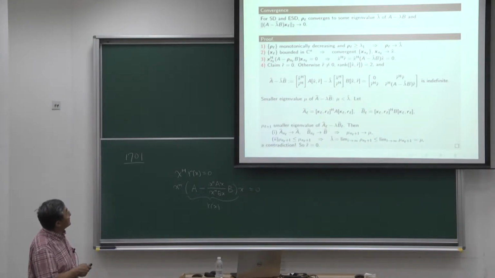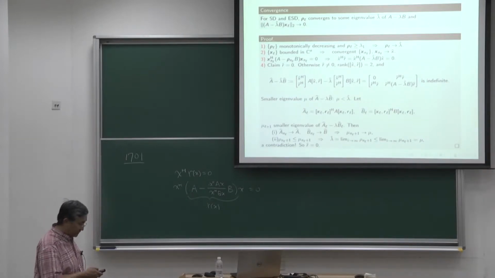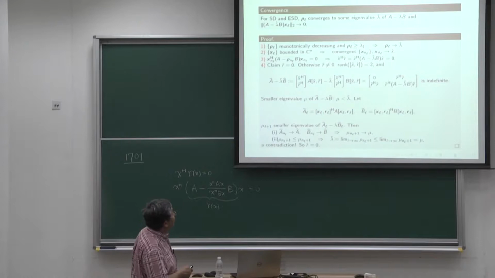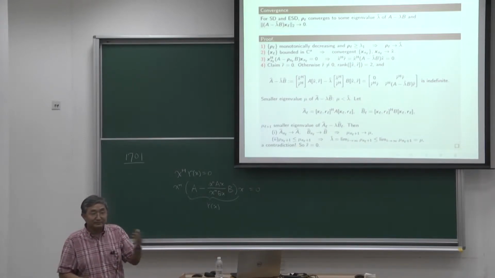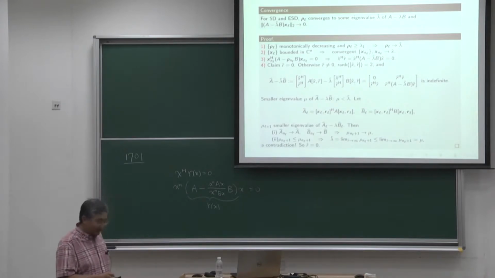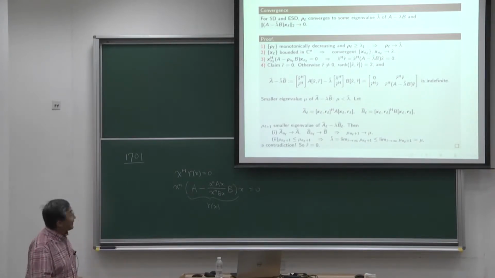When you do the projection, you will see the top corner is going to be 0, because that is x hat conjugate transpose times r hat equals 0. Now this is a 2 by 2 symmetric Hermitian matrix with a diagonal entry 0. One of the diagonal entries is 0, and the off-diagonal entry is not 0. Such a matrix is indefinite. All right? You can prove it is indefinite; I'll leave that as an exercise.